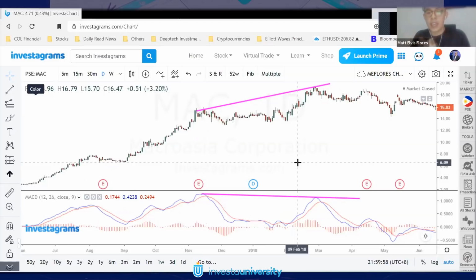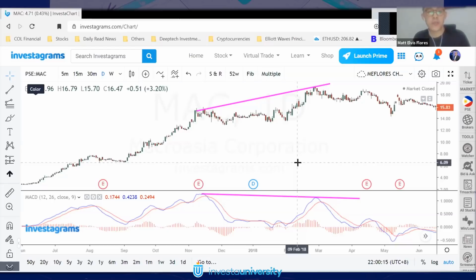Okay? So again, using MACD as your indicator, number one, use it for a crossover. Diba? Pangalawa, to identify your overbought or oversold conditions.